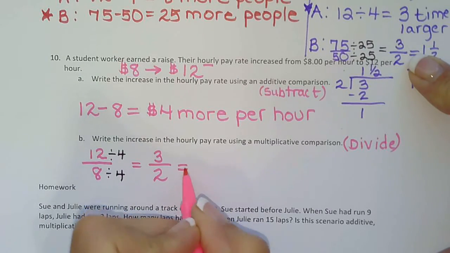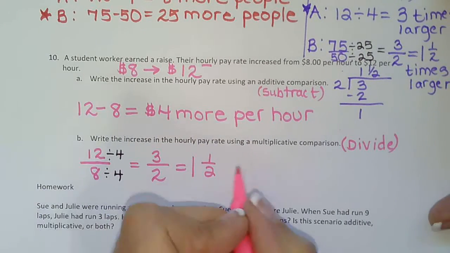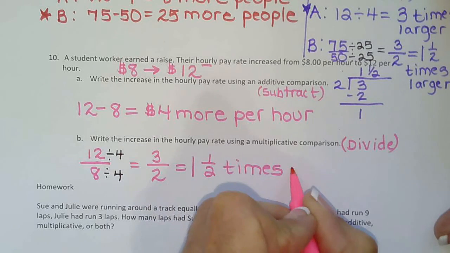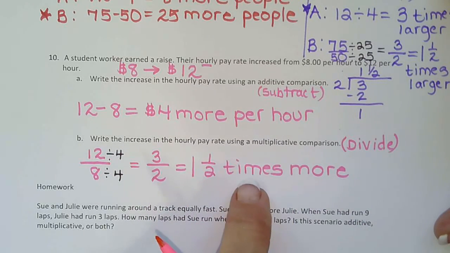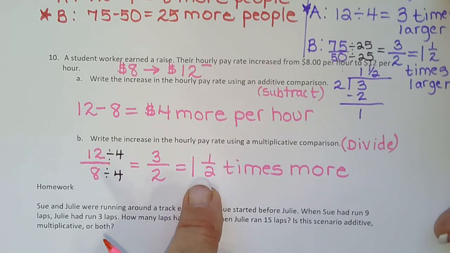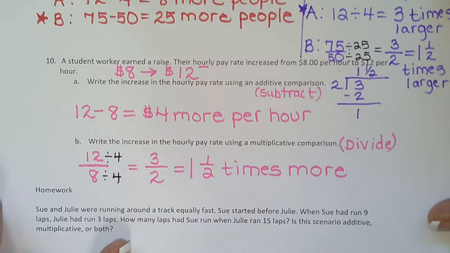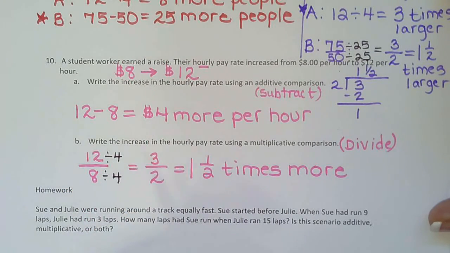So that is 1 1/2 times more. So anytime we use multiplicative reasoning, we use the word times more. So he or she is making 1.5 times more money than they were after their raise, or they got a raise of $4 per hour.